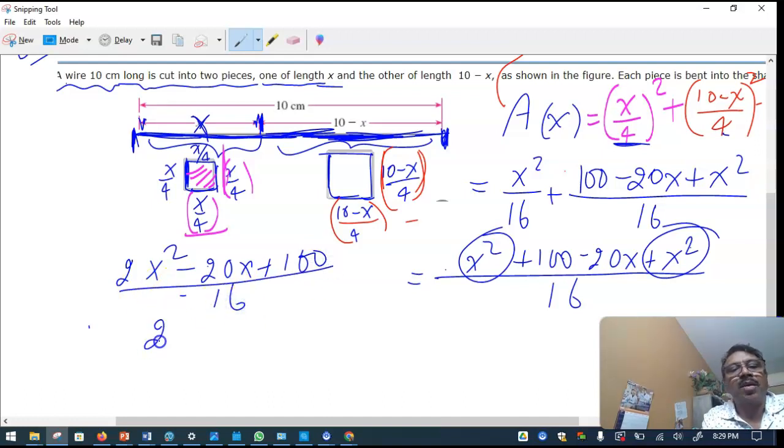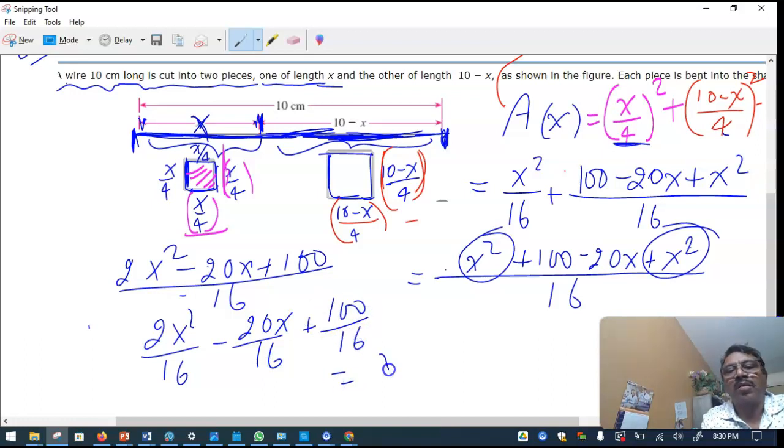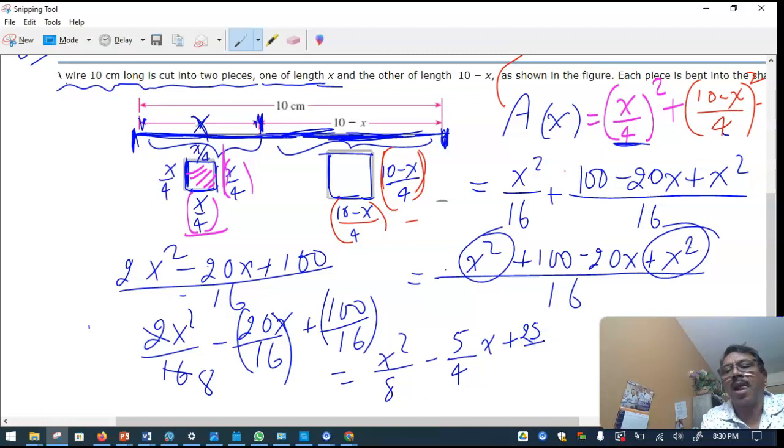Then we can separate to each one of them, because you want to write the standard form. 2x squared over 16 gives x squared over 8, because 2 divides 16 8 times. 20 and 16, 4 divides both, so it becomes 5 over 4. And 100 over 16, 4 divides 100 25 times and 4 divides 16 4 times, so it becomes 25 over 4. So this is the expression for the area function.